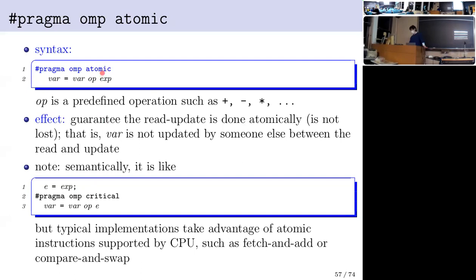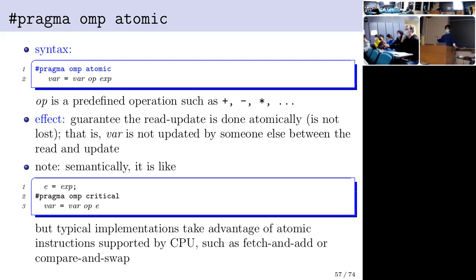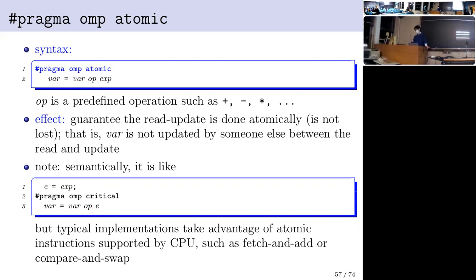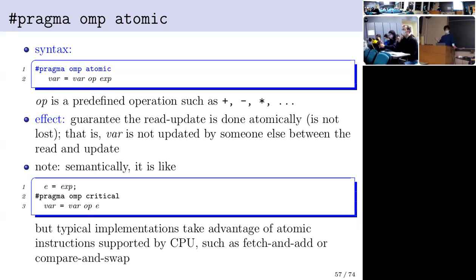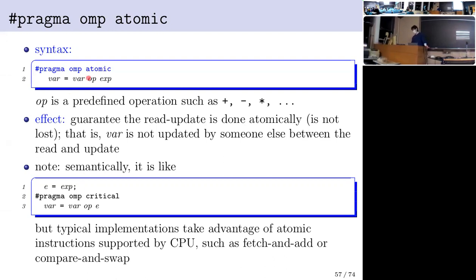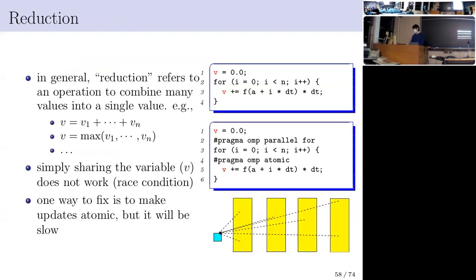Whereas the atomic statement can be implemented using special instructions typically supported by recent CPUs. For example, many CPUs have a fetch-and-add operation, an instruction that does just that: read, add something, and write the updated value to the same variable, guaranteeing atomicity. So atomic should be used where applicable because it is going to be more efficient.